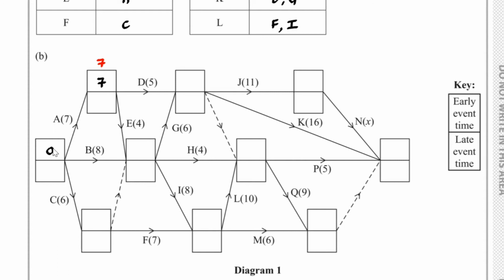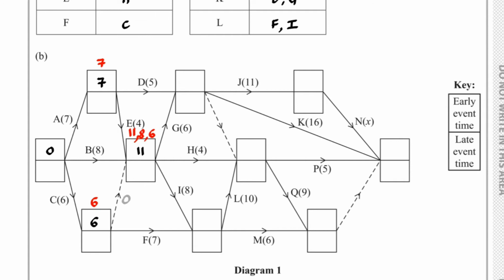Then here we've got 0 plus 6, which is 6. So 6 goes here. And noticing that the dummy has a weight of 0, going into here, we either have 7 plus 4, which is 11, 0 plus 8, which is 8, or 6 plus 0, which is 6. The largest one is 11, so 11 goes here.